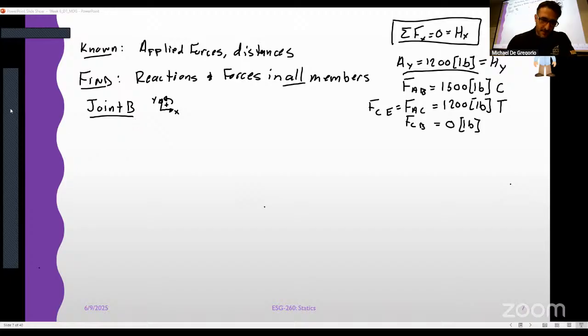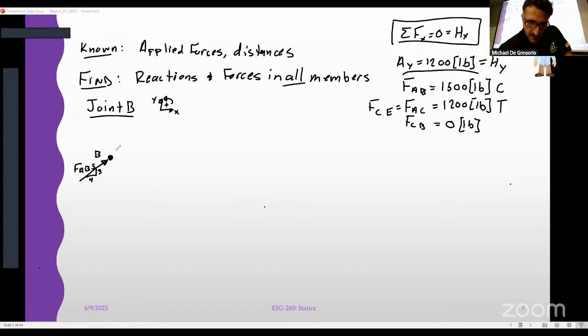All right, B is a little tricky, admittedly, not because of anything other than it's a pain with that extra other angle. Okay, so there's a couple of things here, right? First, we know that FAB is compression, so we're going to draw it in compression. And we know that this is a 3, 4, 5 triangle.